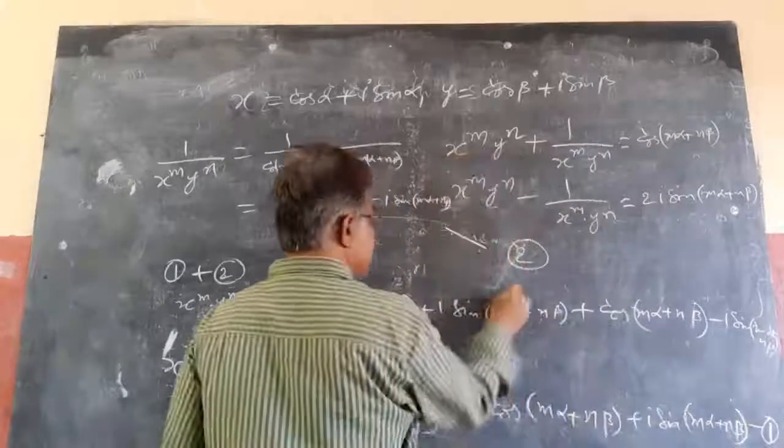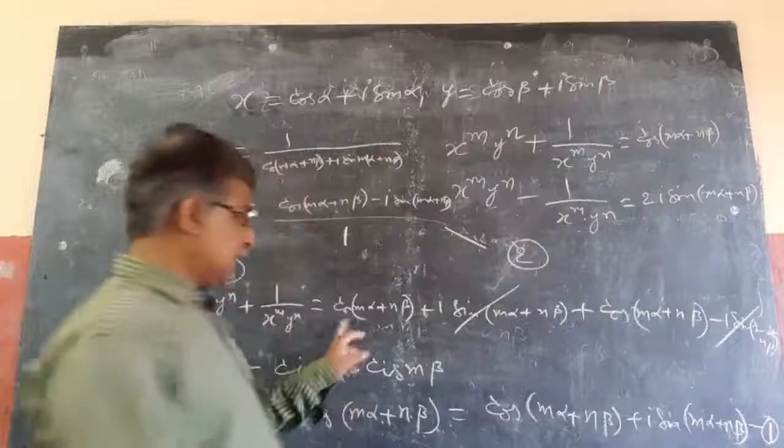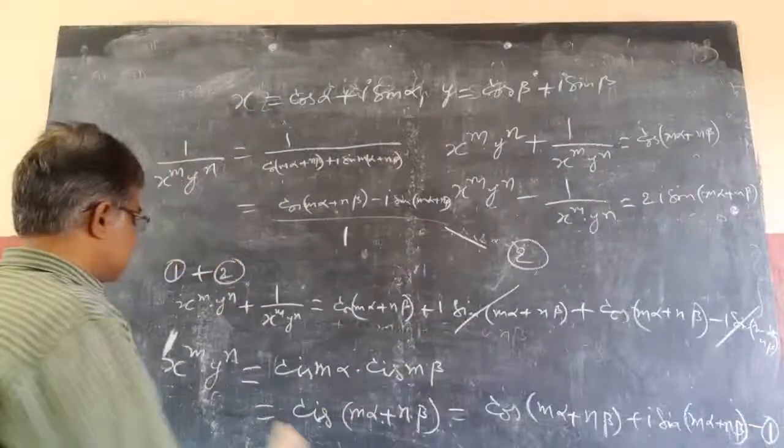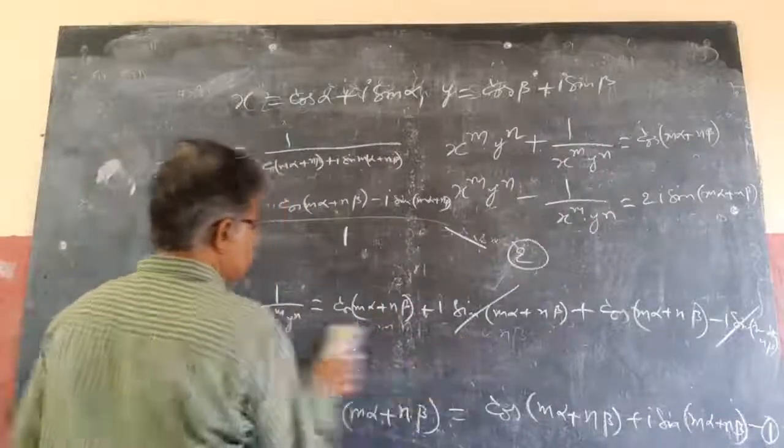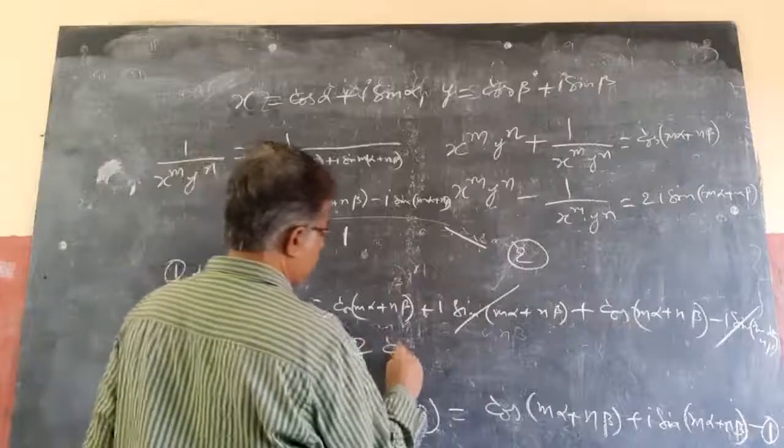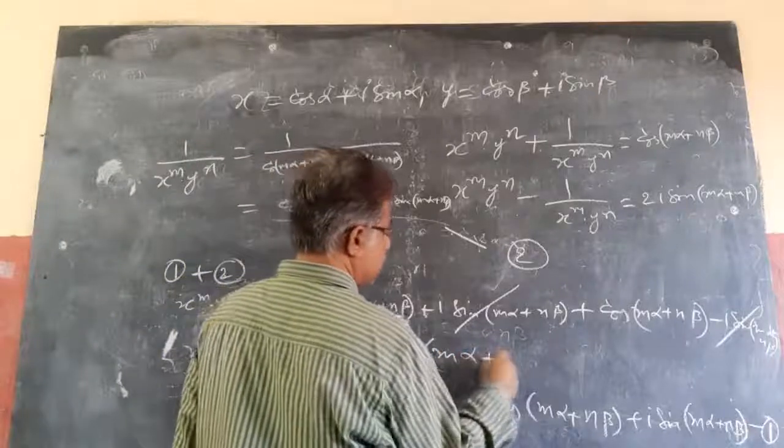So i sin cancel, cos plus cos, 2 cos m alpha plus n beta. So this is equal to 2 cos m alpha plus n beta.